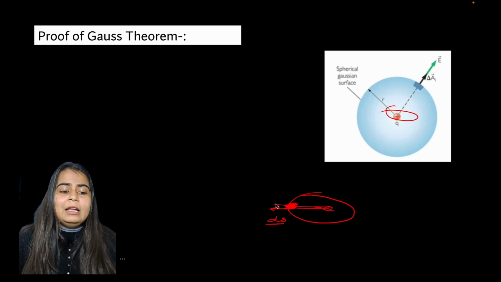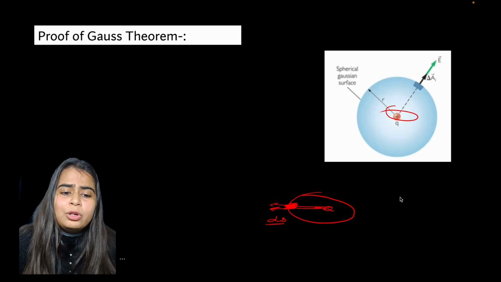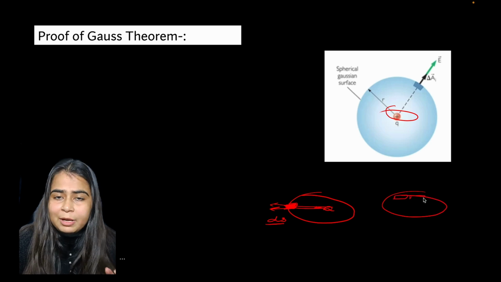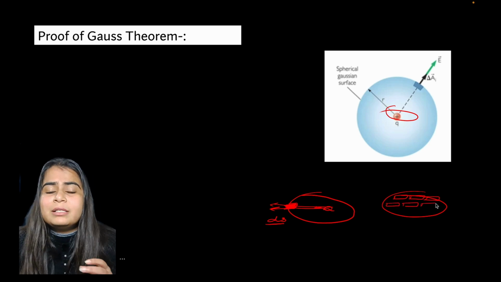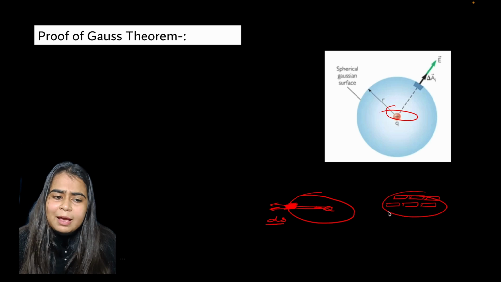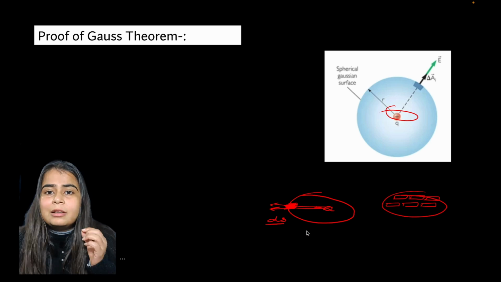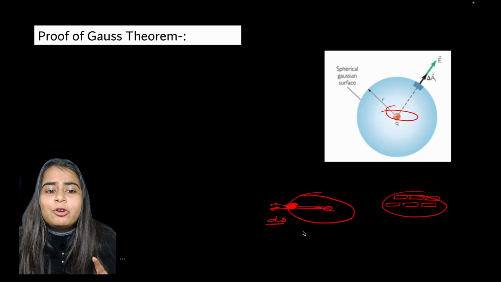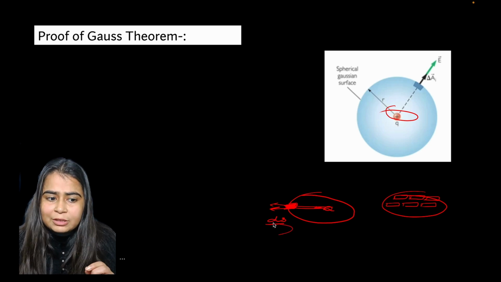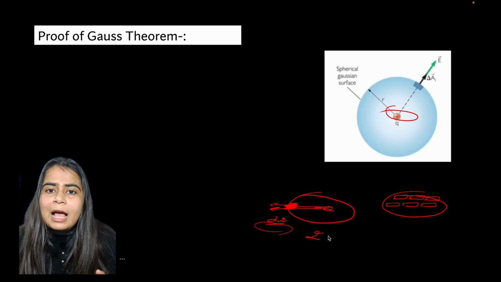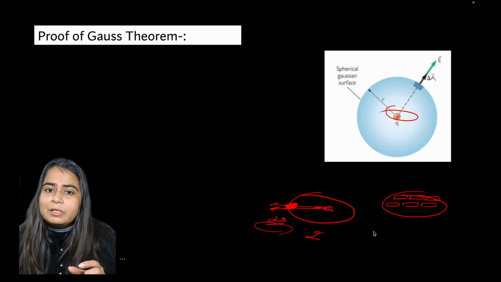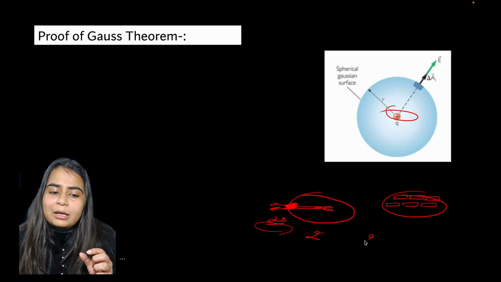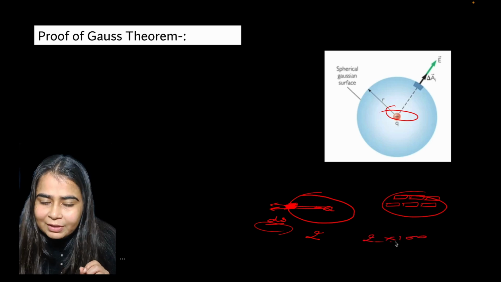If I divide this whole sphere into 100 such small parts, and the number of field lines passing through one small surface is 2, then you can simply say that the total number of field lines passing through the 100 surfaces will be 2 into 100, that is 200, right?